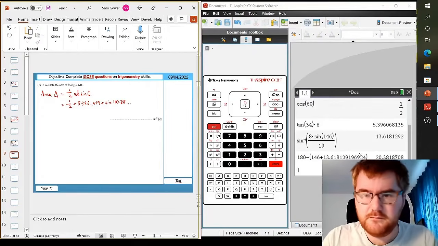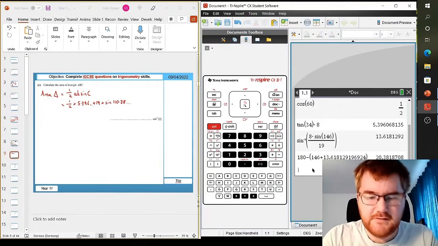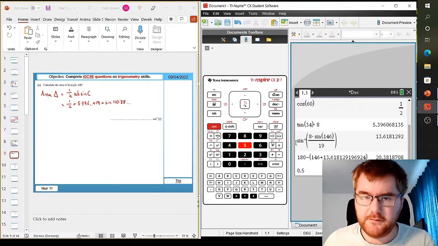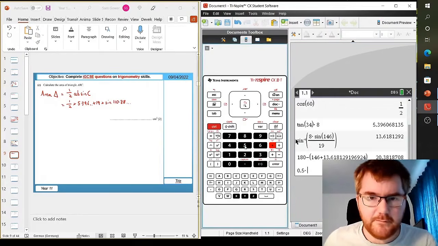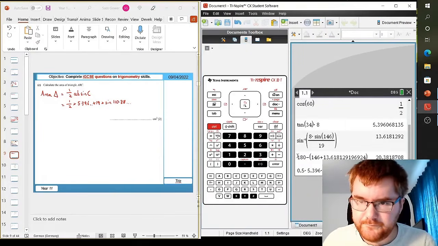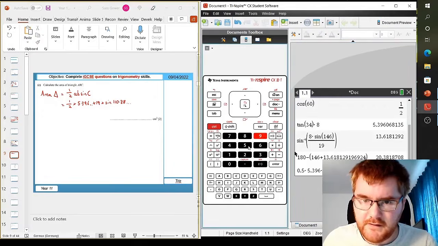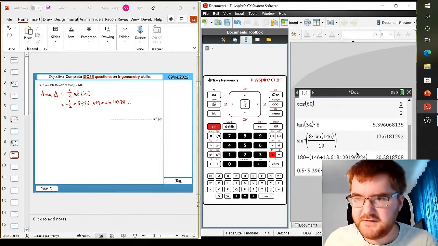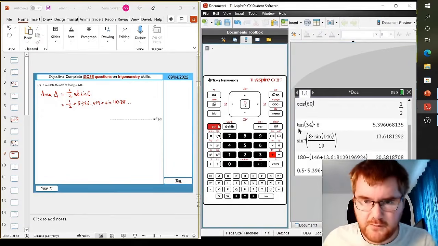So we have 0.5 times 5.396. Probably should be using a few more decimal places, but we'll use this for the moment. 19 times, and we want to use sine here, of 90 plus answer, because the answer from before was that smallish angle that we had.